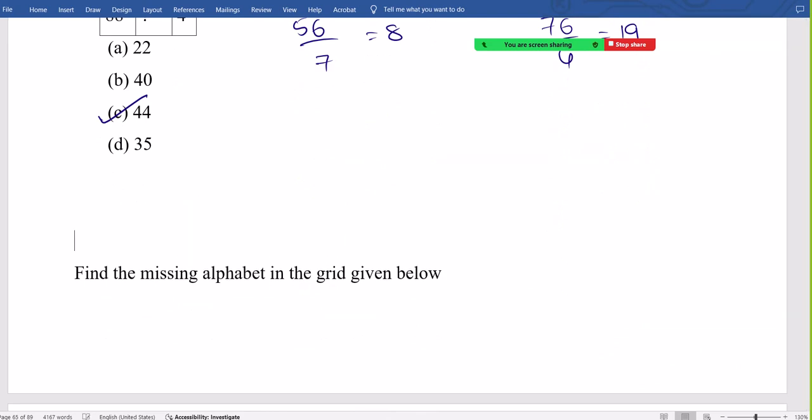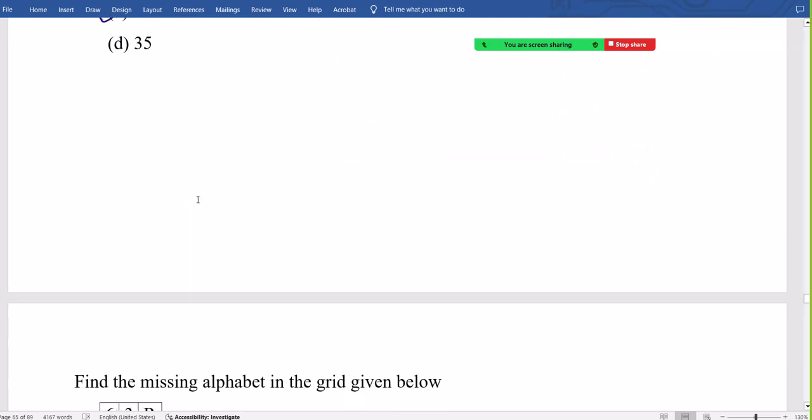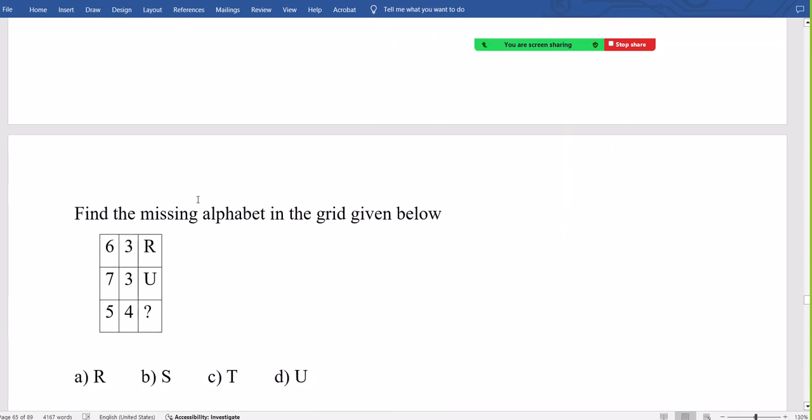Now this question: 63R 73U 54 question mark. 63R 73U 54. What is the unknown?